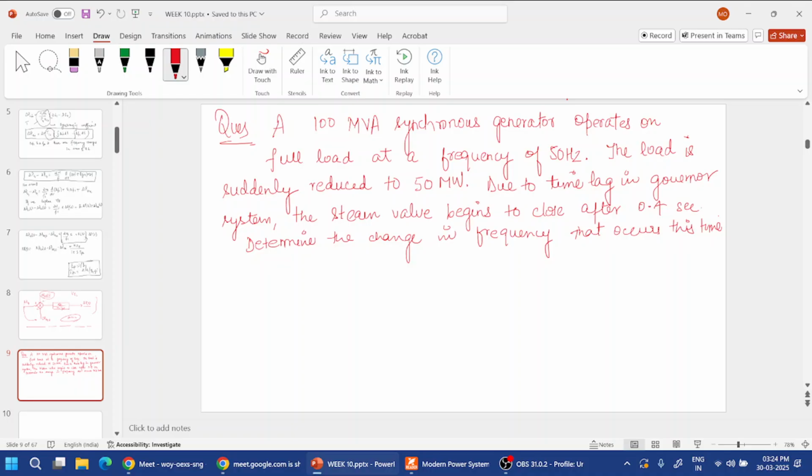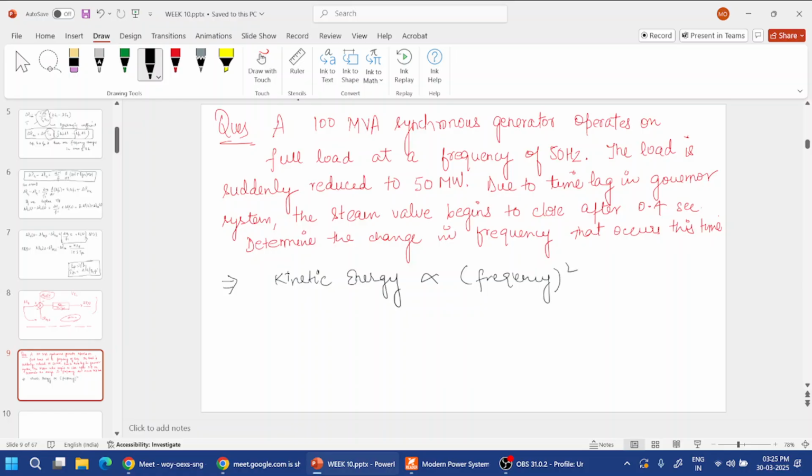So basically, what we have to find here is the change in frequency. Let's solve this. We know from the last lecture that kinetic energy is directly proportional to the frequency square.